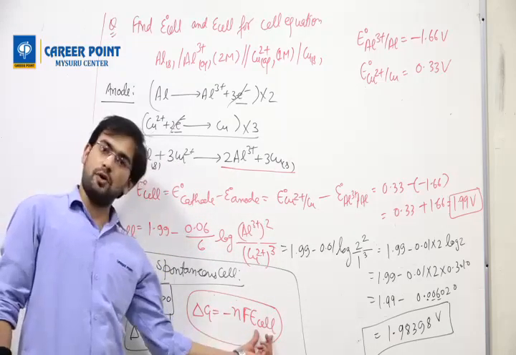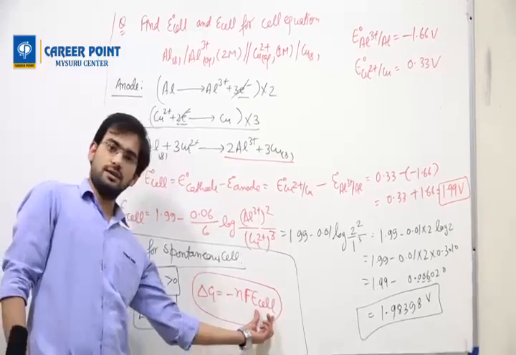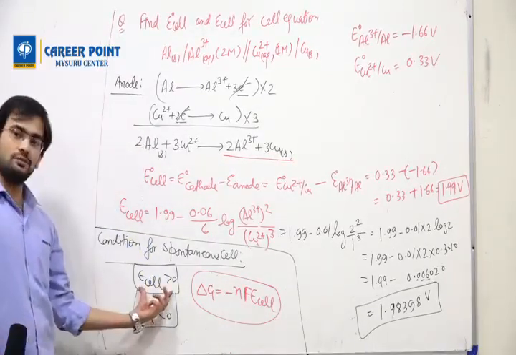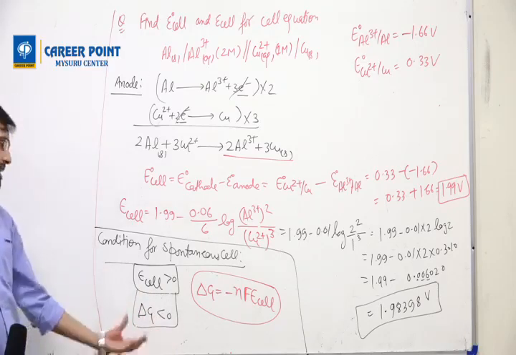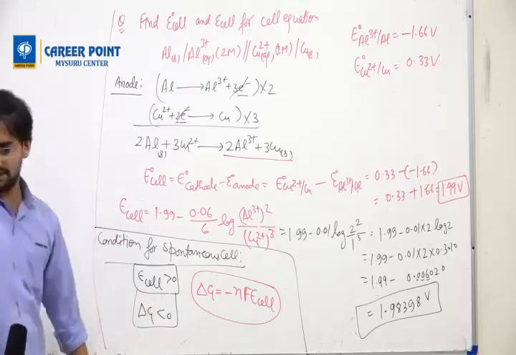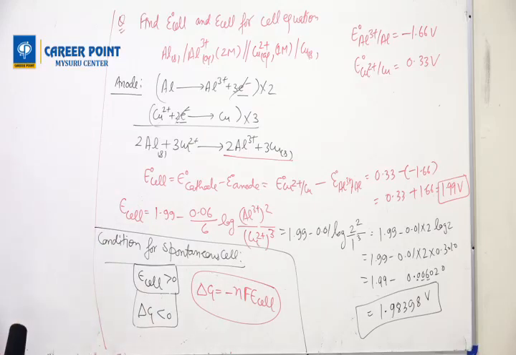If E cell is positive, this whole factor is negative. So E cell is positive, delta G is negative. And whenever delta G is negative, the process is spontaneous. Understood? Okay.